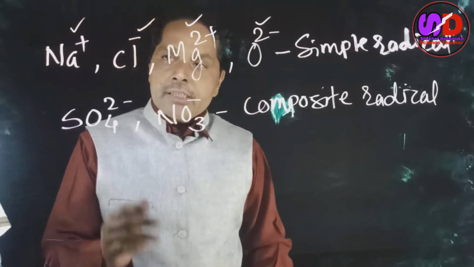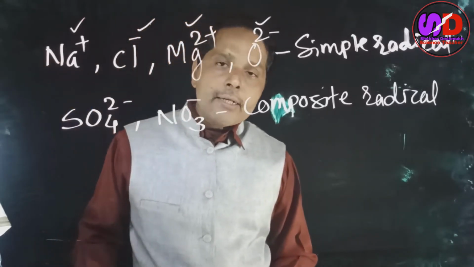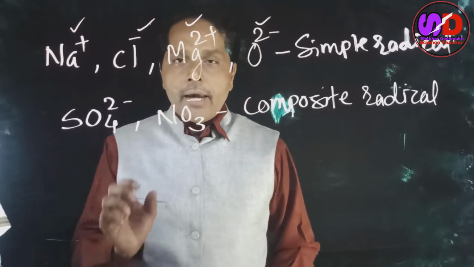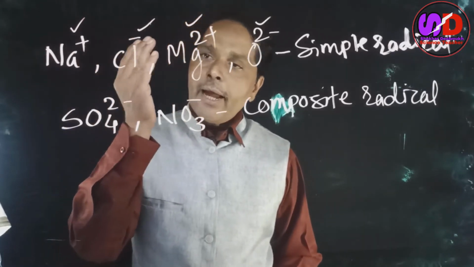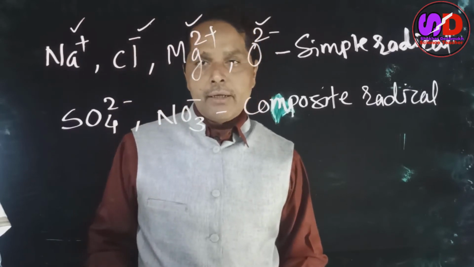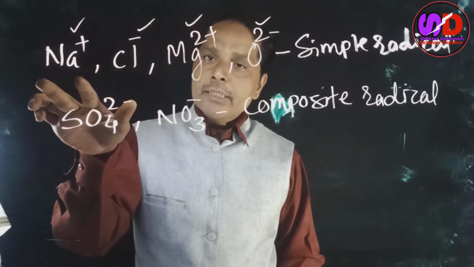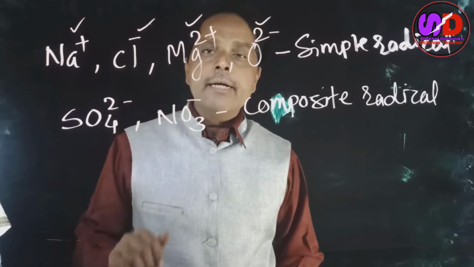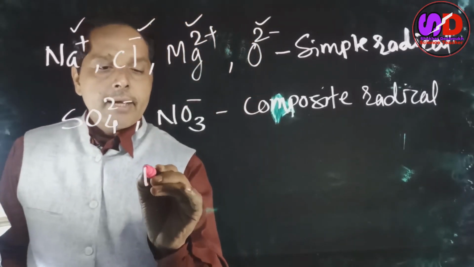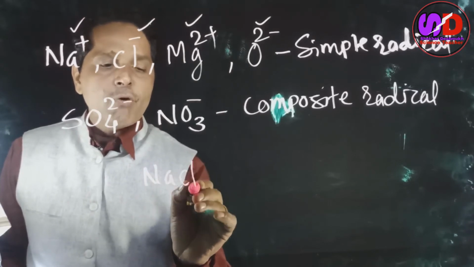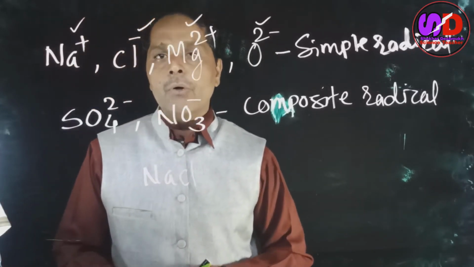Whenever positive and negative radicals combine together, an ionic bond is formed. That means whenever basic and acidic radicals, cations and anions, combine, a bond is formed between them and the compound formed is called an ionic compound.